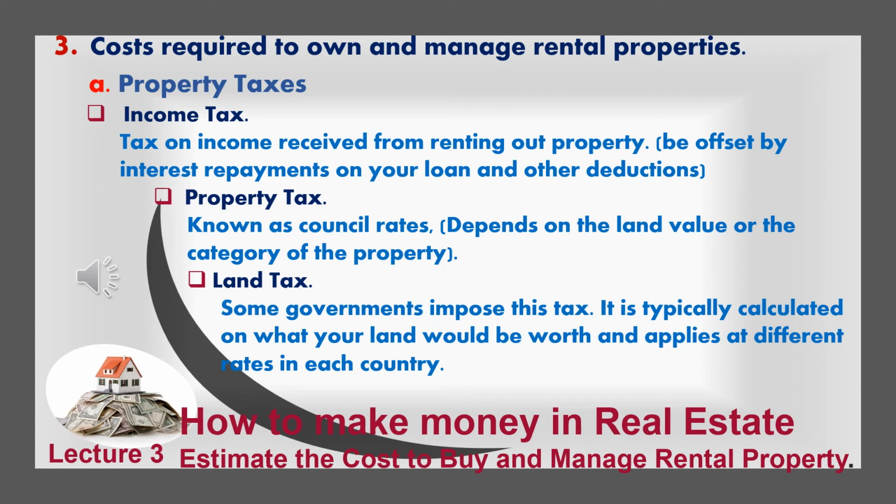This is a tax that goes straight to local council, which funds community services and maintenance of public facilities. The amount depends on the land value of your property or the category of the property. Land tax. Some governments impose this tax, which is payable based on the combined unimproved value of the land you own. Land tax is typically calculated on what your land would be worth.